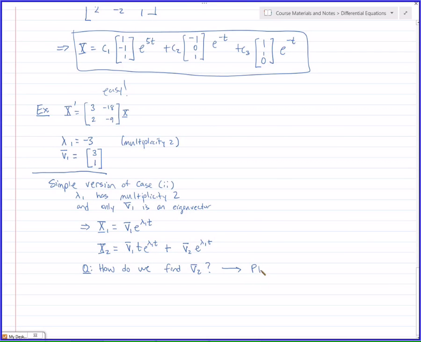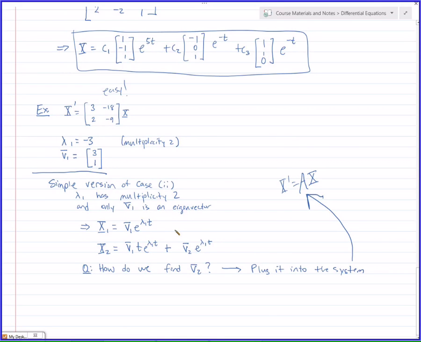Answer, plug it into the system. That is, I'm going to plug this whole x2 into x prime equals ax, and do some just matrix algebra to solve for this v2. Make sense?